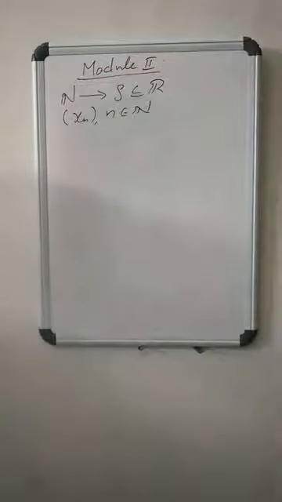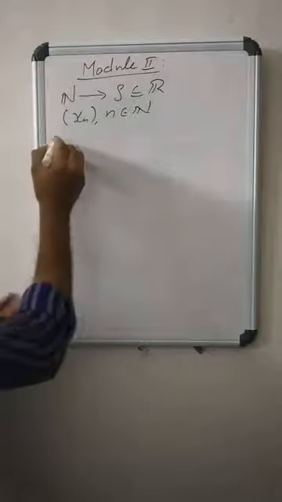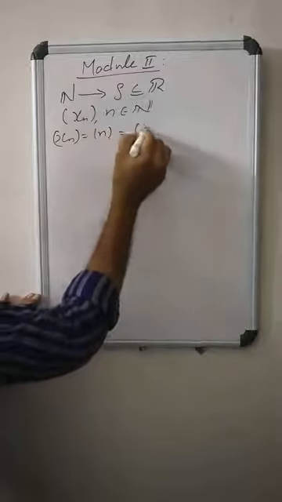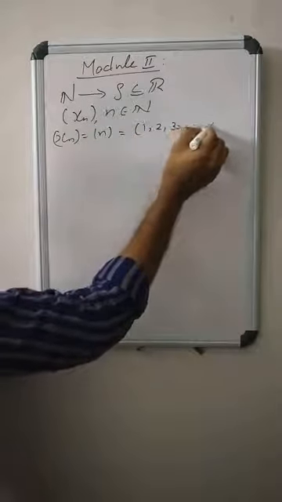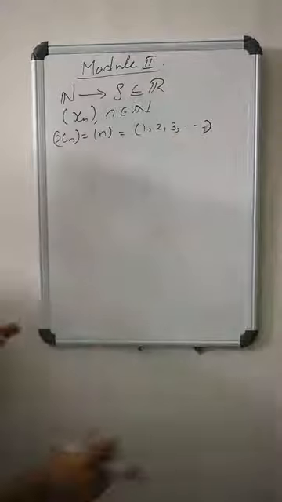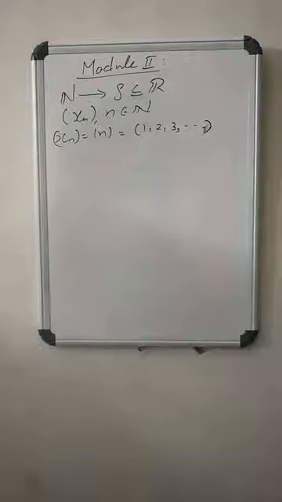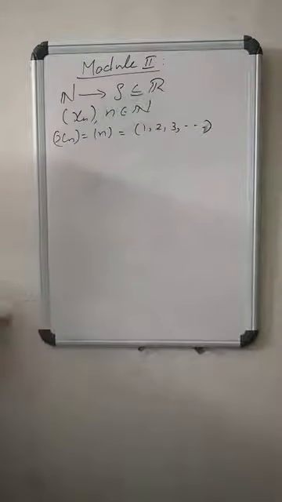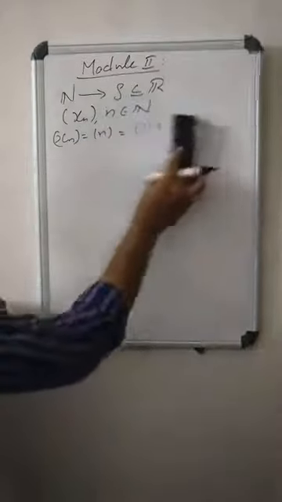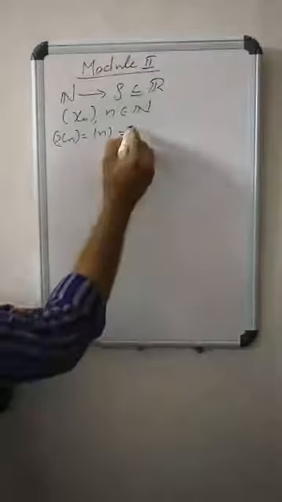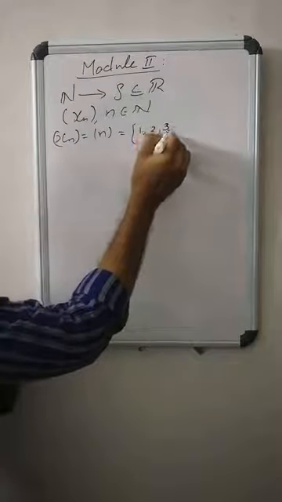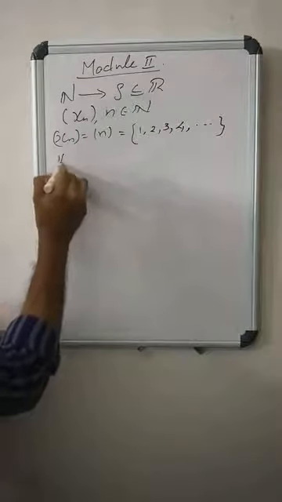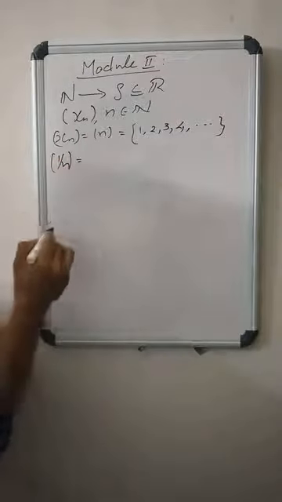For example, the sequence xn equals n means it is the sequence 1, 2, 3, etc. That's an infinite sequence, the set of all 1, 2, 3, 4, etc. Suppose the sequence 1 by n, where n is a natural number.